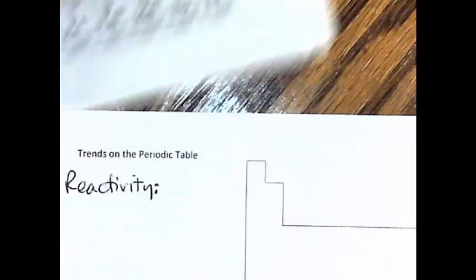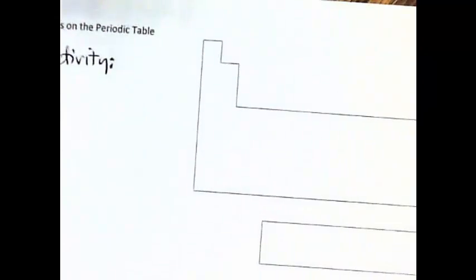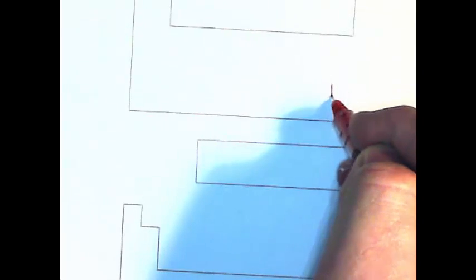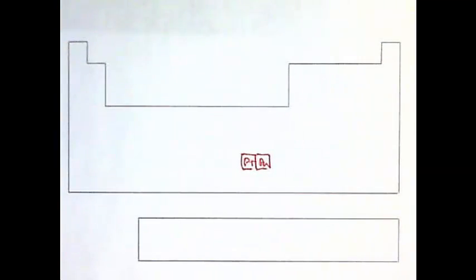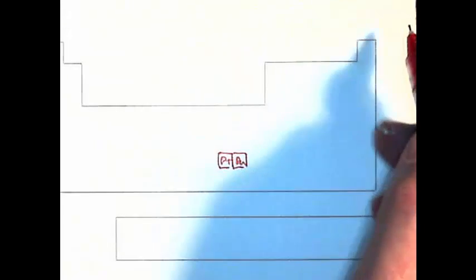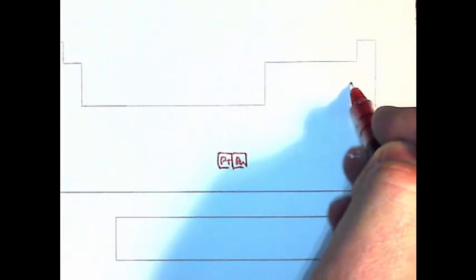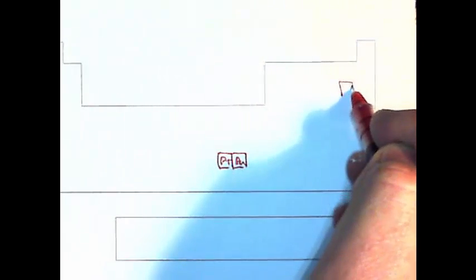So we can go ahead and put that in here in terms of our reactivity chart. Find about where you think they are, right in this area here. There's gold, and there's platinum. Okay? These are the least reactive elements, okay? Chlorine is one of the most reactive elements, okay?